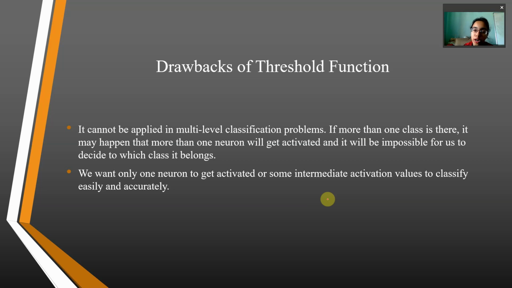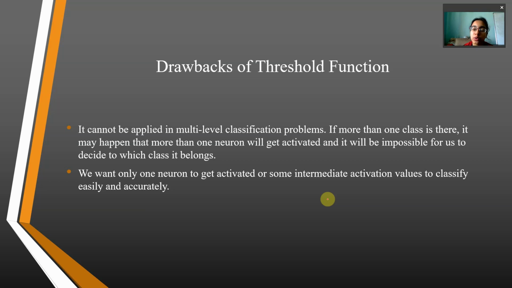Now you can see here that for the classes cat and tiger the value is greater than 0, right? So according to the threshold function, the neuron will be activated and the output will be 1. So the output will be cat and tiger, but a particular animal cannot be both cat and tiger. It has to be either a cat or a dog or a tiger. So in this case it is a problem for the threshold function to predict the output.